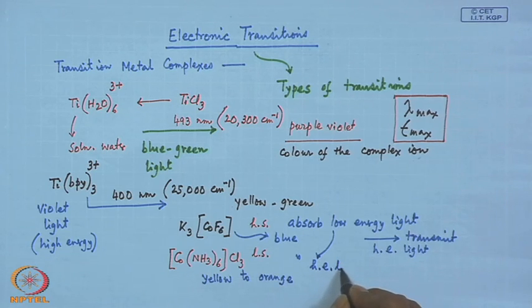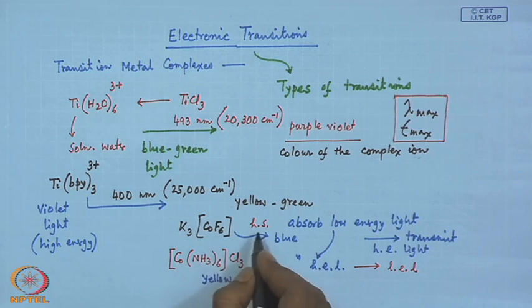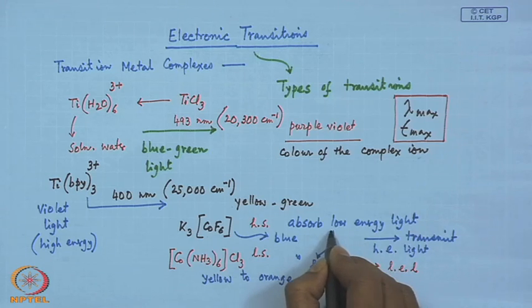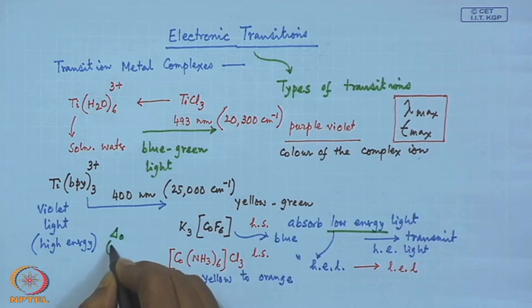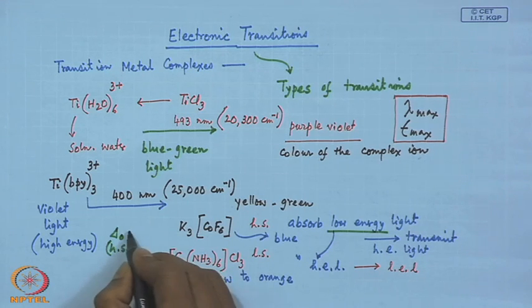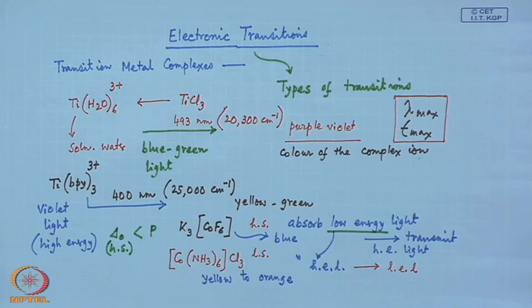So, high energy light is absorbed and definitely the transmitted light would be of low energy. That means, these two combinations, that in one case the absorption at low energy and in the other case absorption at high energy, clearly distinguish these two forms of these complexes, one is high spin and another is low spin. So, in case of high spin, it absorbs low energy light, that means delta octahedral for the high spin species is less than our pairing energy.